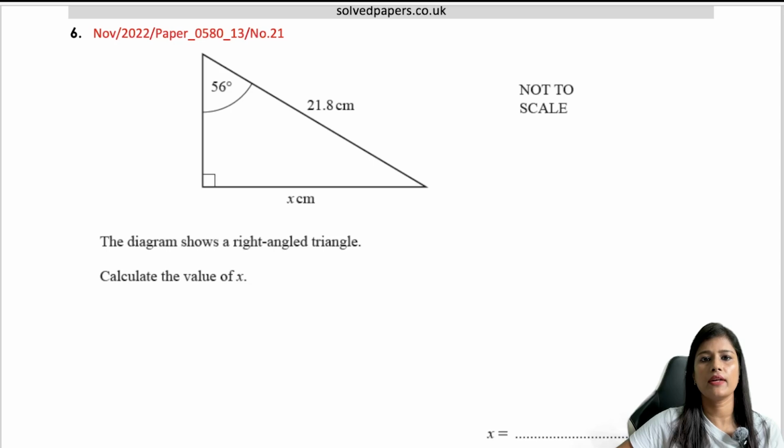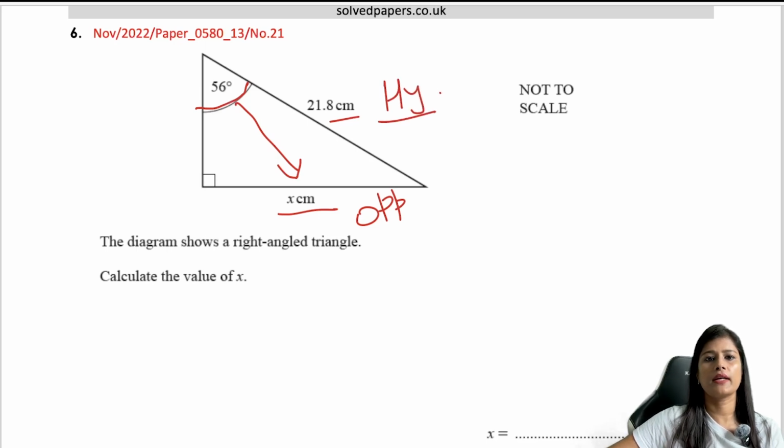Calculate the value of x. So we have to calculate the value of x, and this angle is given to us as 56. So this is opposite and this one is hypotenuse. So I can use sine.